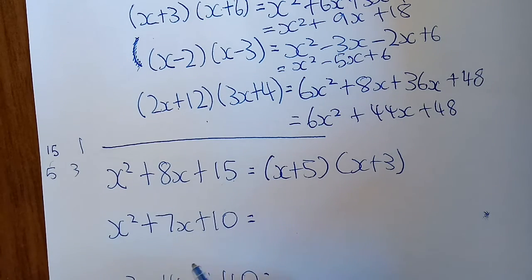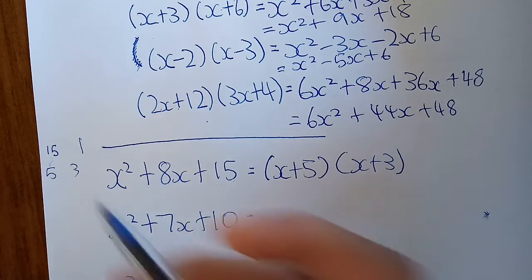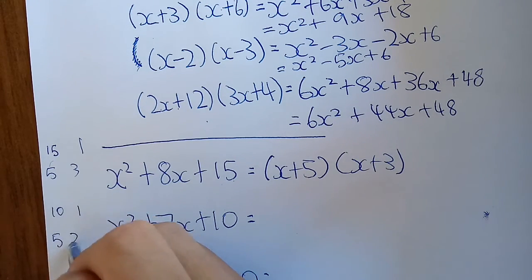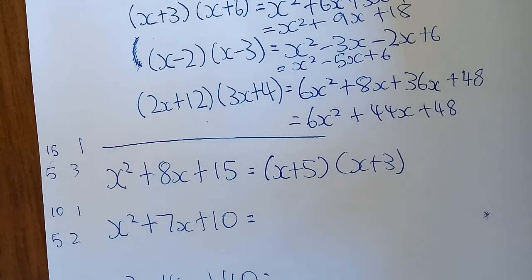So for the next quadratic, we have x squared plus 7x plus 10. Once again, we need to find two numbers that multiply to 10 and add to 7. So once again, we have to list out the factors of 10, which is 10 and 1, 5 and 2. These are factors of 10.